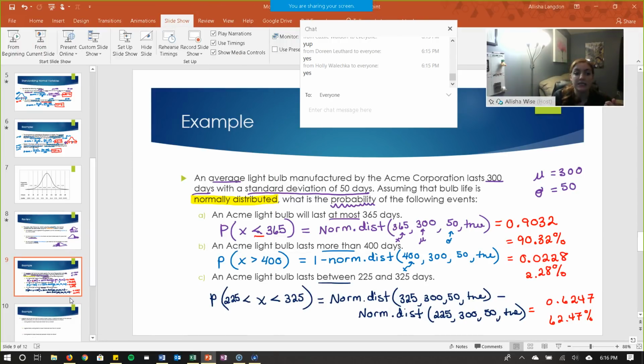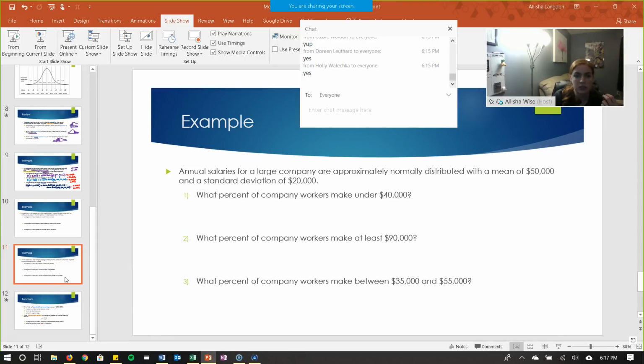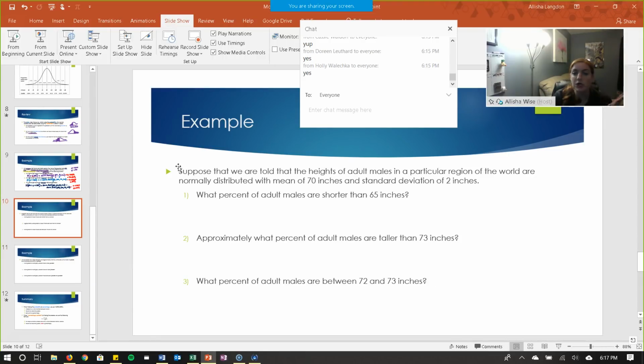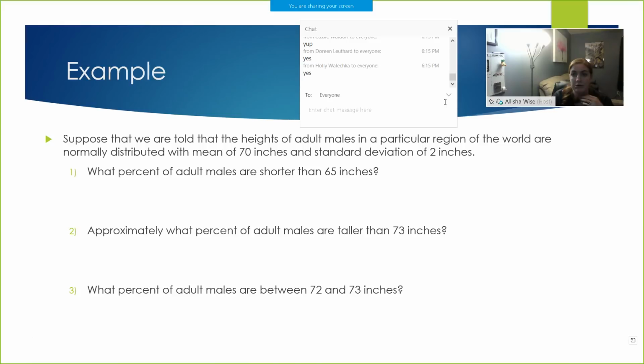Okay, let's go ahead. I have two more examples, so we might only get through one, but that's okay. We have a part 3, so good news. So again, let's look at the heights of adult males. What if you want to know the heights of adult males?